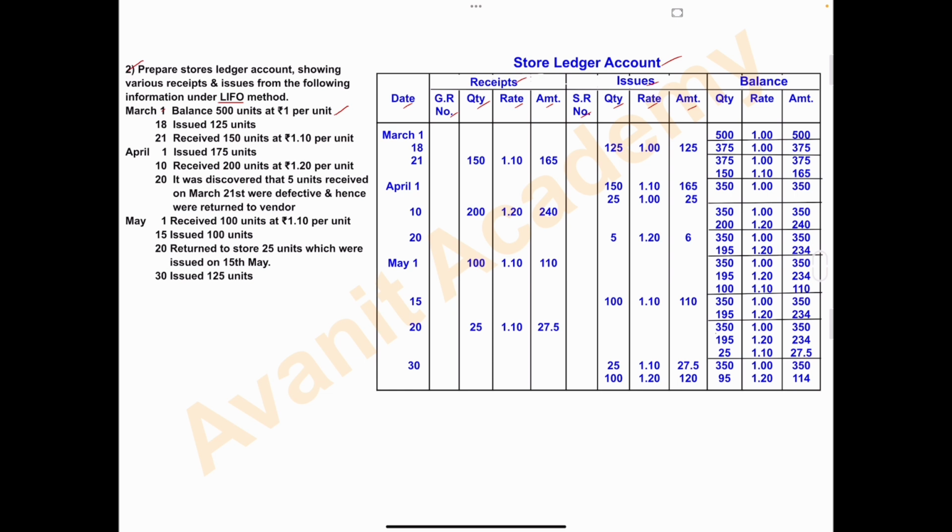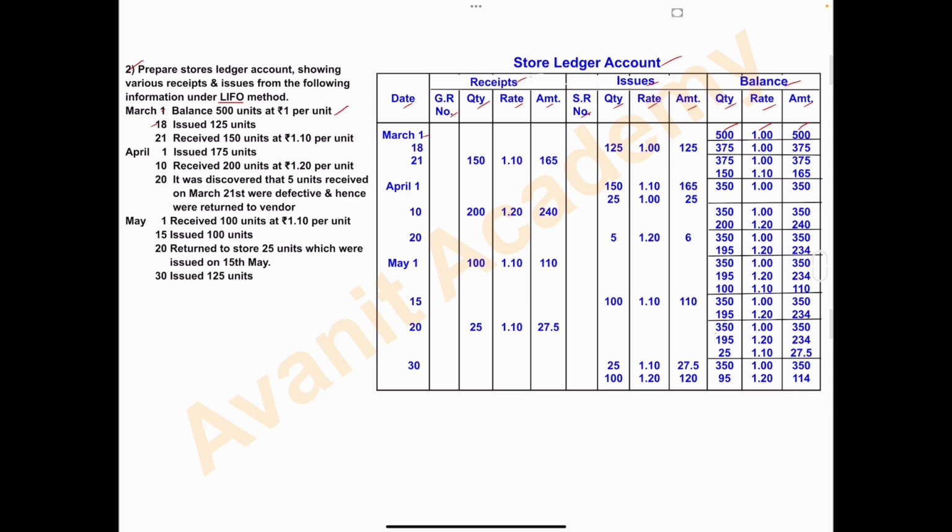And the last column is balance, quantity, rate, amount. Write the date, March 1st. There is a balance of 500 units at rupee 1. Quantity 500, rate per unit is 1. Total amount is 500. And close this.